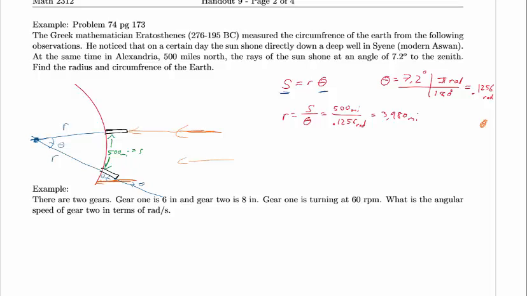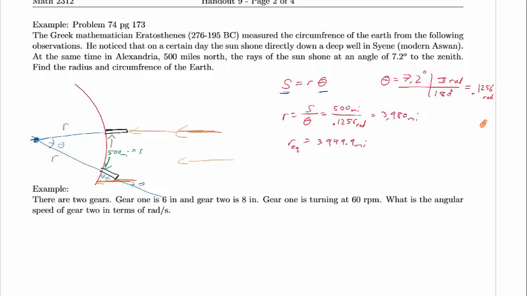So the equatorial radius of the Earth that we have on record is 3,949.9 miles, which means that this calculation is within 1% of accuracy, which is quite astounding.